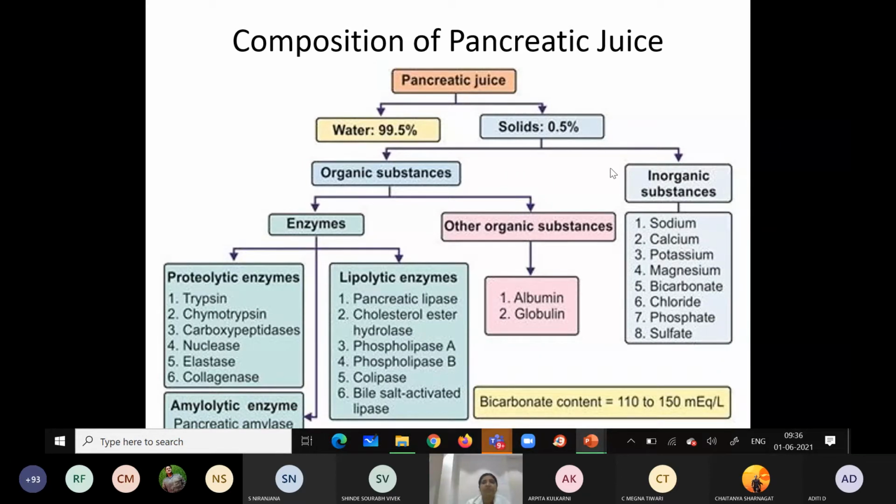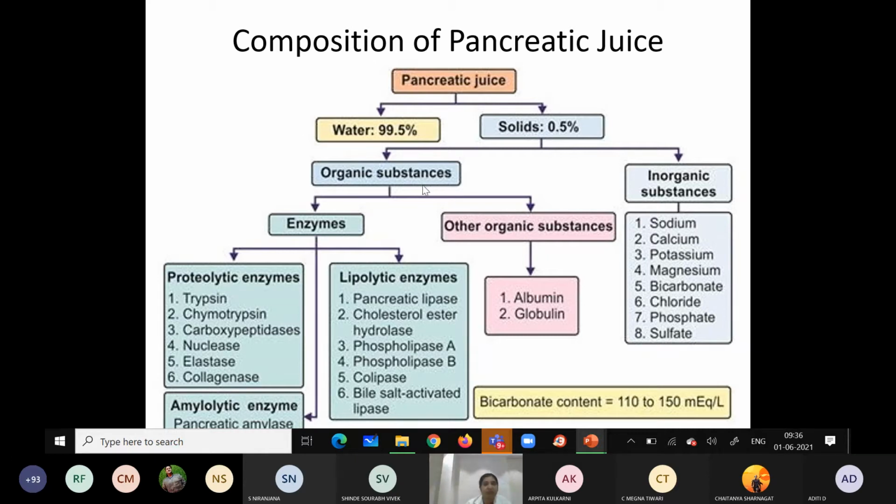So these organic and inorganic substances remain common. Inorganic substances include cations and anions. In cations you will have sodium, potassium, calcium, magnesium, zinc, right? Whereas anions here are basically bicarbonate and chloride, phosphate and sulfate, right?